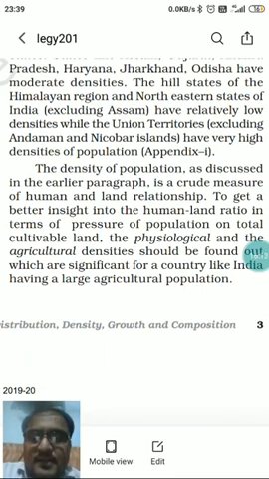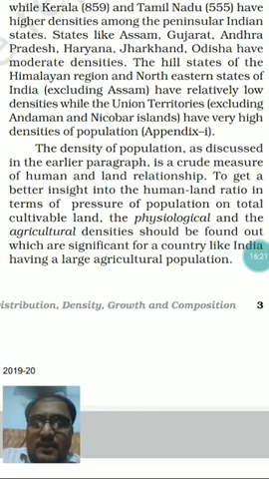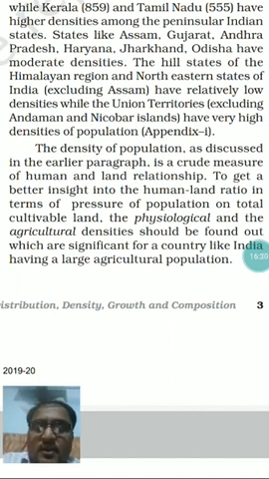To get a better insight into the human land ratio in terms of pressure of population on total cultivable land, the physiographical and the agricultural densities should be found out, which are significant for a country like India having a large agricultural population.